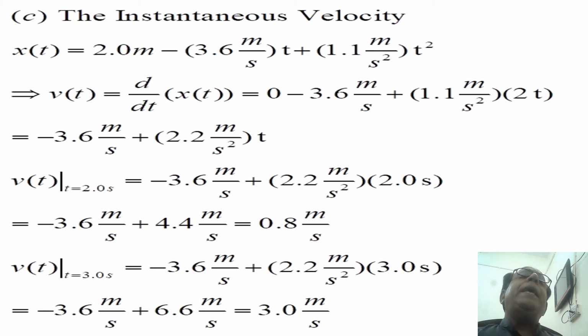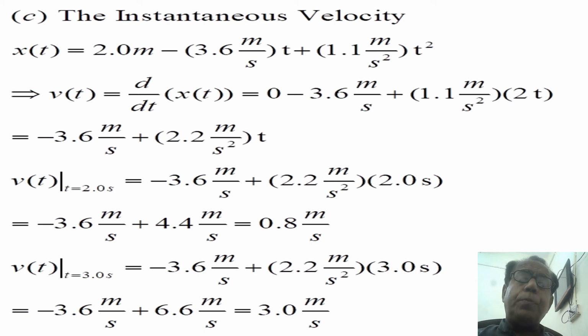Here we are not concerned with acceleration, so we will not take the second derivative of x(t). We are only concerned with velocity, so we will take its first derivative, that is, differentiate it with respect to time.